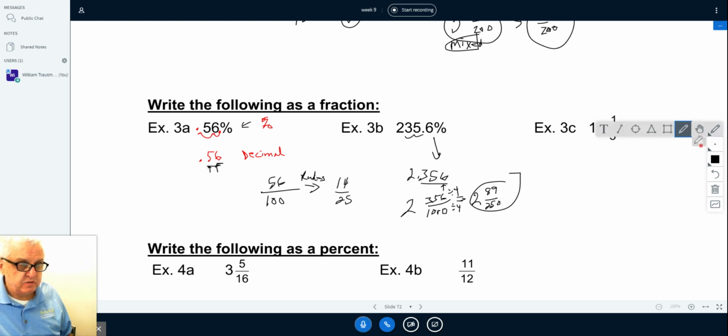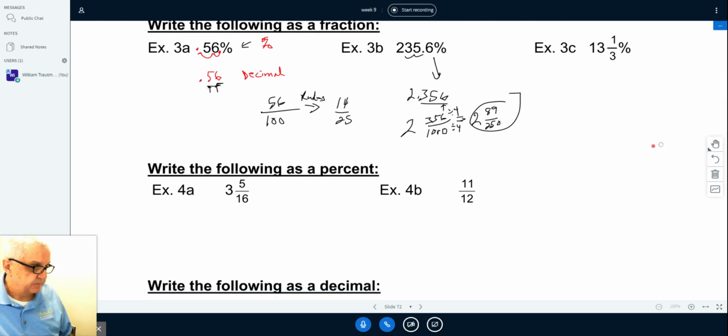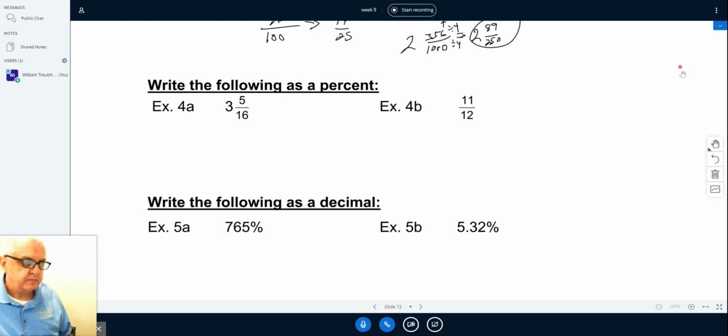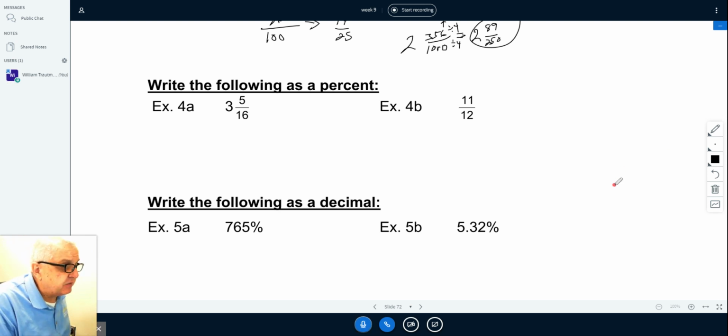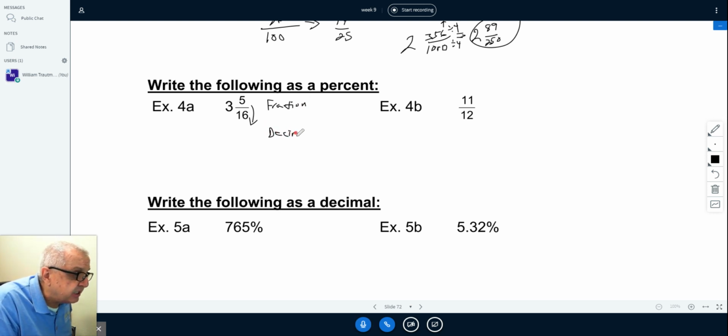All righty, moving on. Write the following as a percent. So first of all, it's a fraction, but to change it to a percent, we need to first change it to a decimal. We have to change all fractions to decimals before we can change them to a percent.